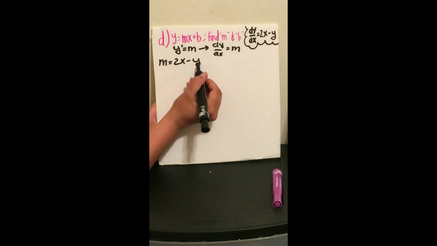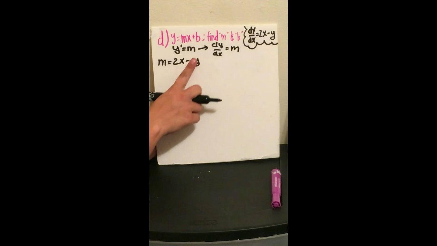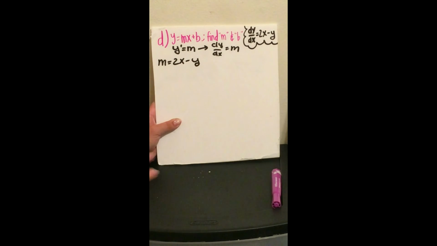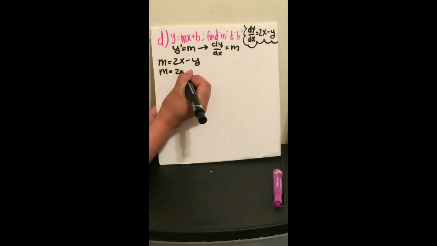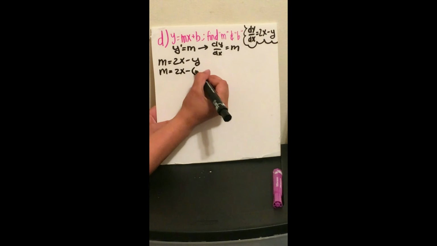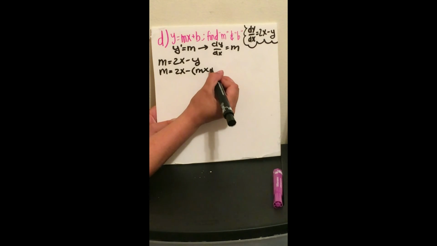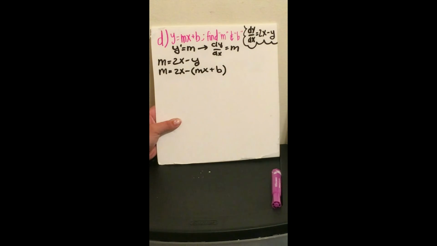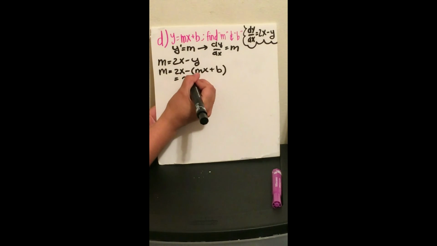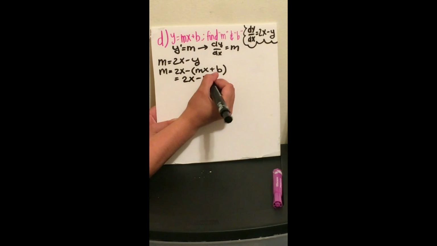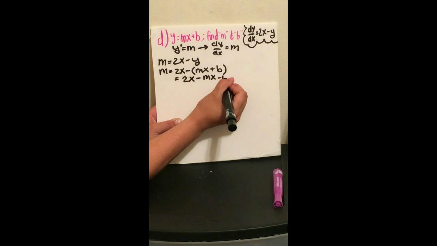We can now set m equal to 2x minus y. Now, because we know that y is equal to mx plus b, just to get rid of a y and make the variables more concentrated, we can say m is equal to 2x minus (mx plus b). Now we can distribute and go 2x minus mx minus b.